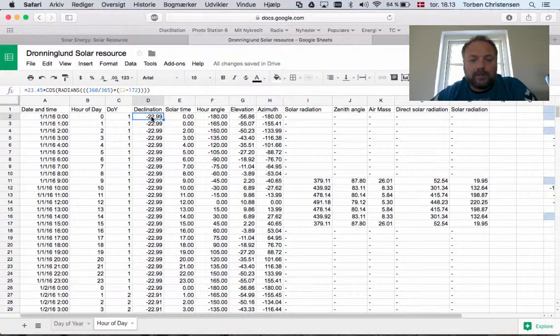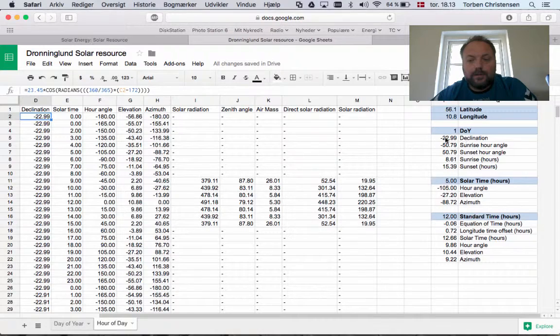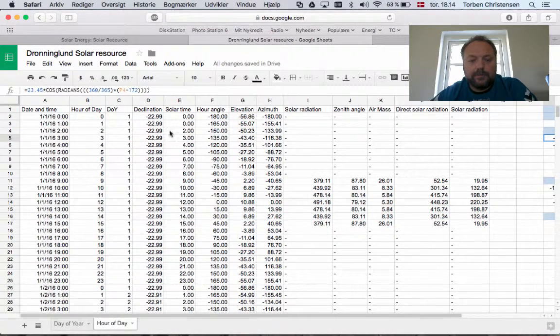And I've got a calculation for declination copied from the calculation over here. So I've got this equation inputting the day of year, and from that I can calculate my declination.